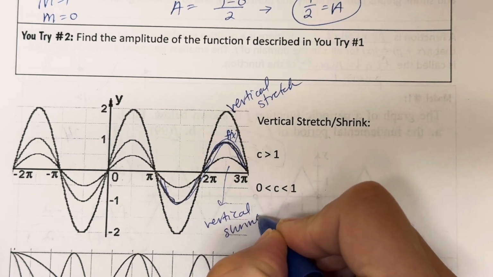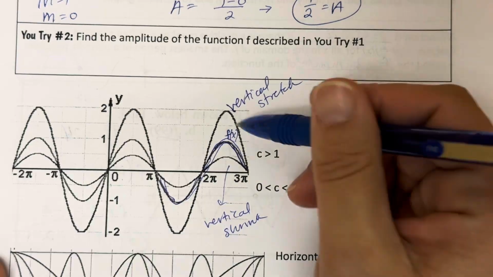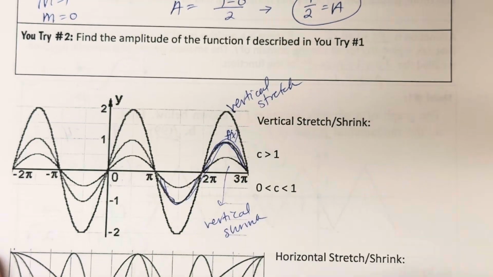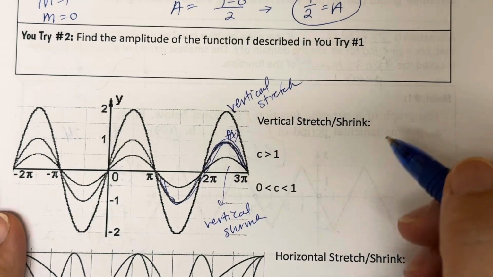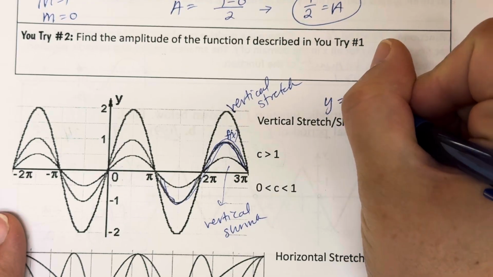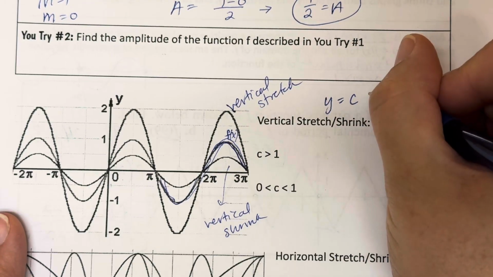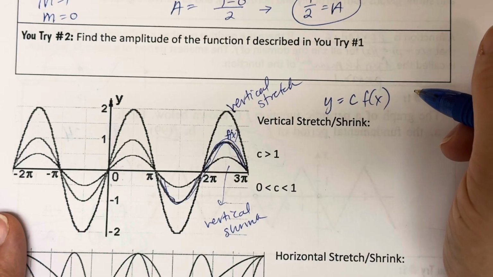So you'll notice that our x-intercepts are maintained, but these relative max and min points have either been stretched away from the x-axis or pushed closer to the x-axis. That happens when we have some constant that we are multiplying our function to, our output to, okay?